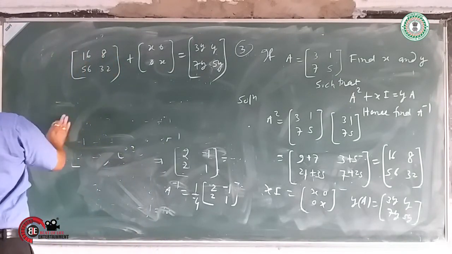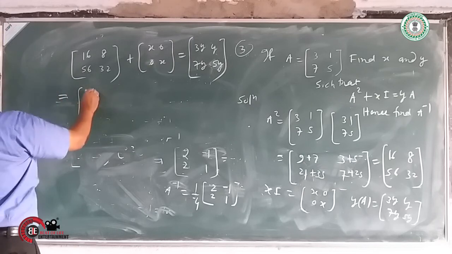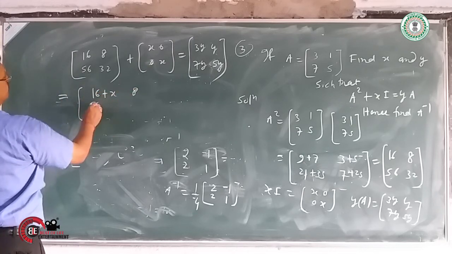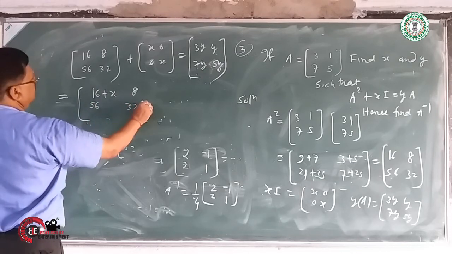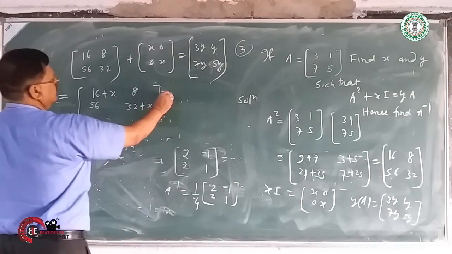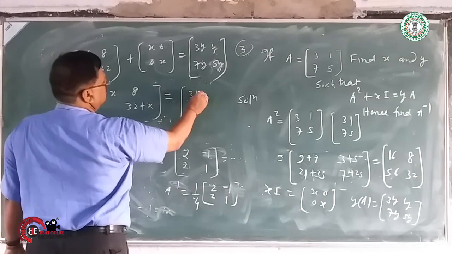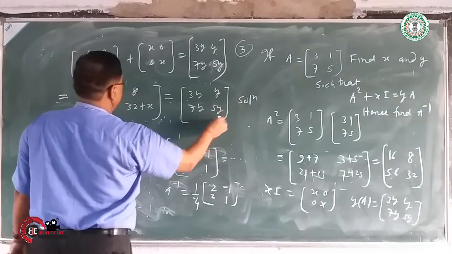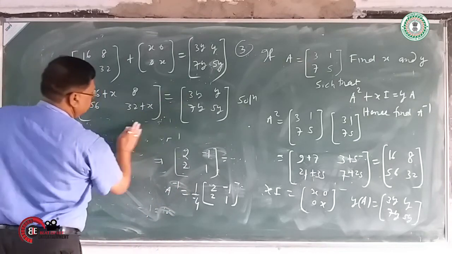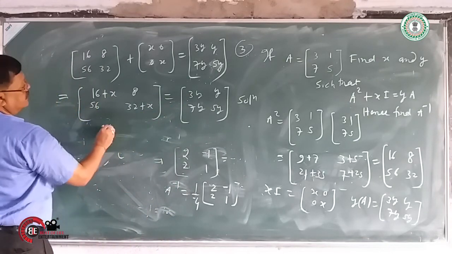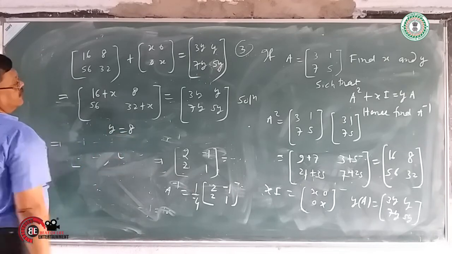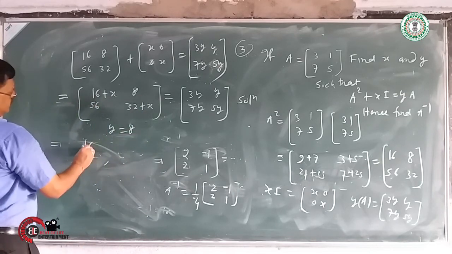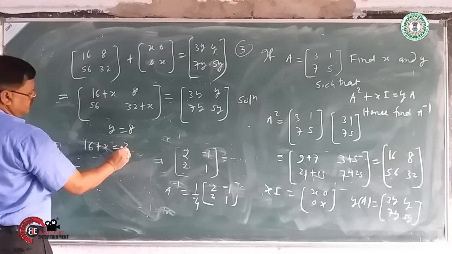So 16 plus x, 56, 8, 32 plus x, that is 3y, 7y, y, 5y. So y is equal to 8, and 16 plus x is equal to 3y.